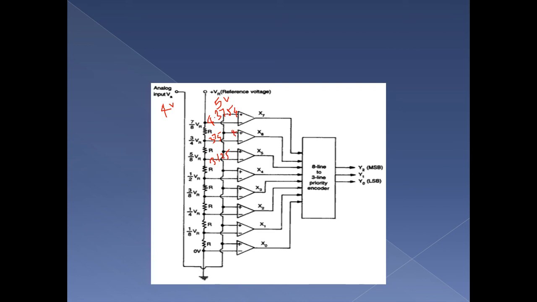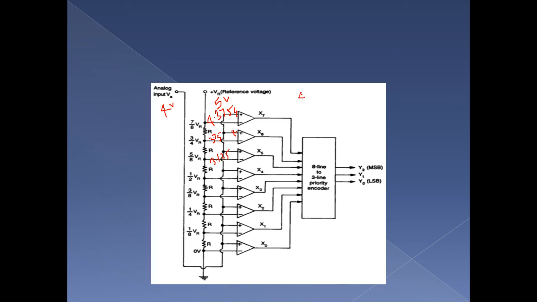Now each comparator compares both inputs. We have seen that if VA is greater than VR, then X equals 1. So you compare this stage. Here VR is 4.375 and VA is 4.